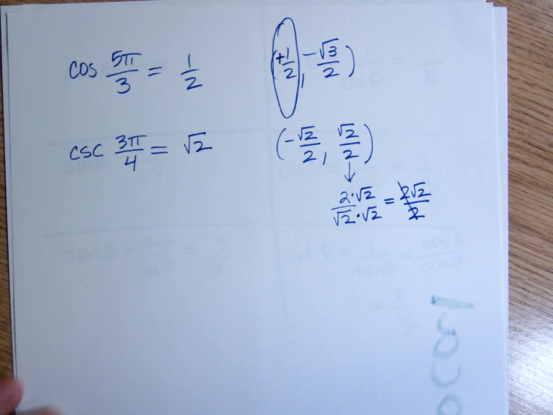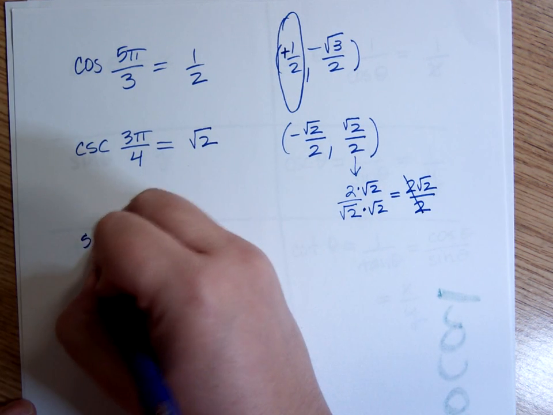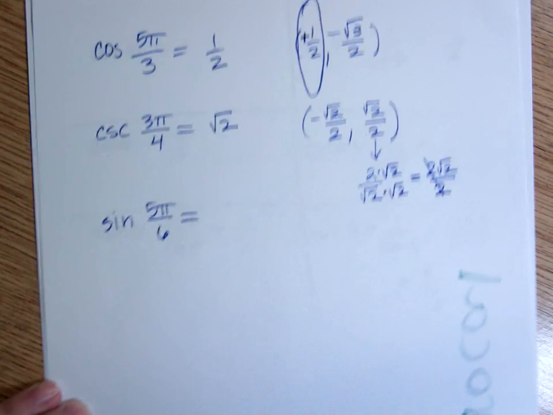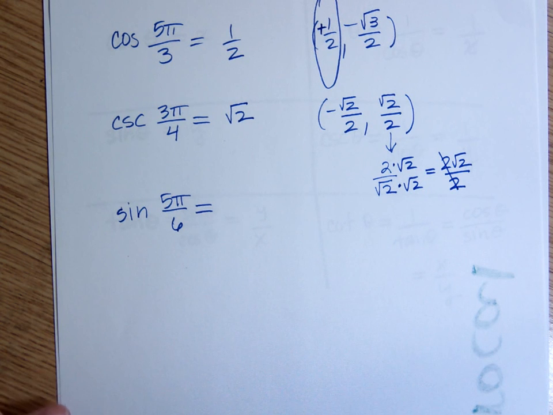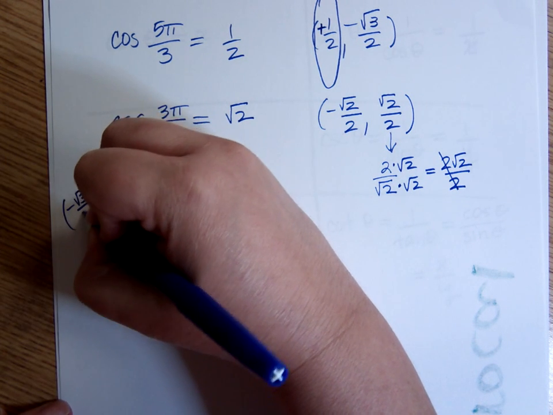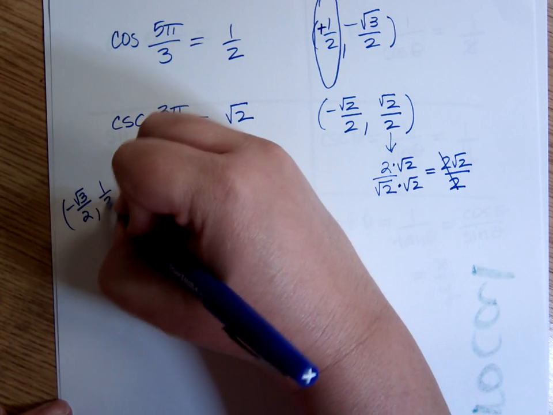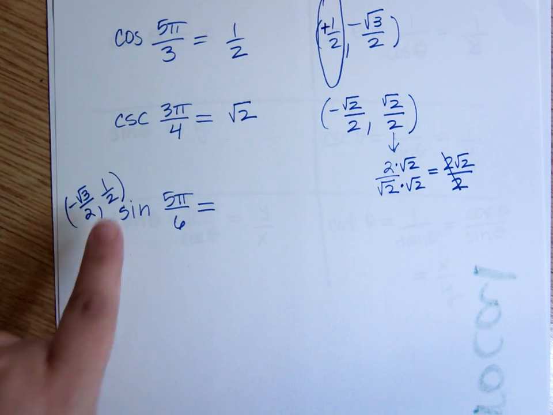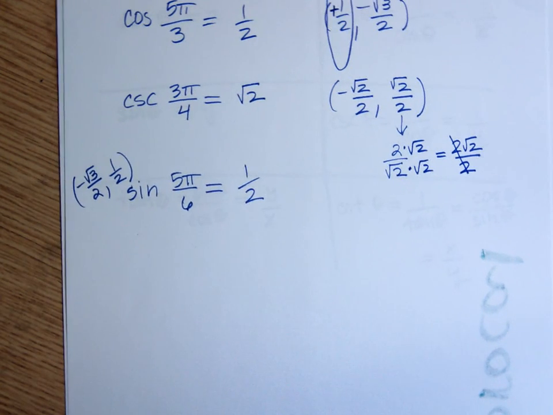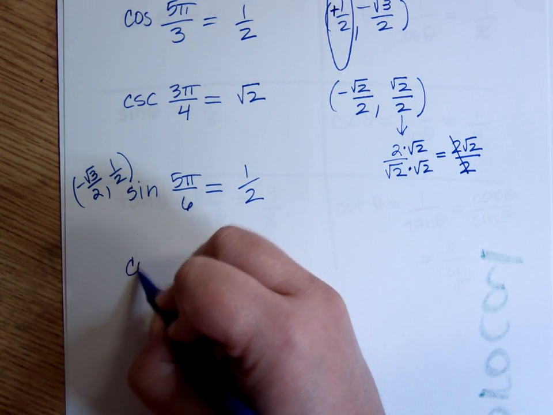Next, sine of 5 pi over 6. The coordinates for the point on the unit circle at that angle are negative square root of 3 over 2, positive 1/2. The sine is the second coordinate, so I'm done. Next, cosine of 11 pi over 6.